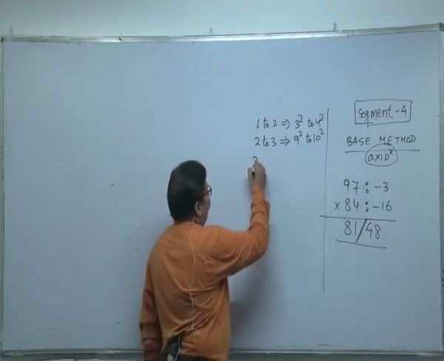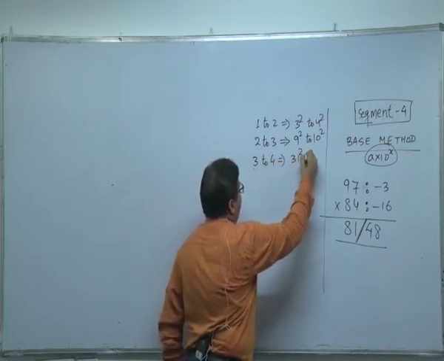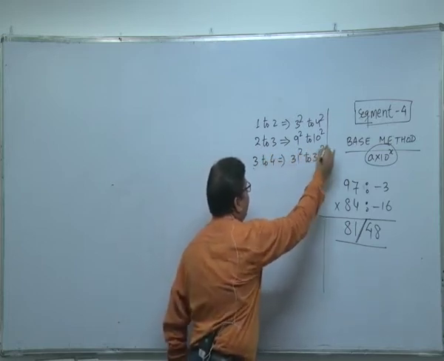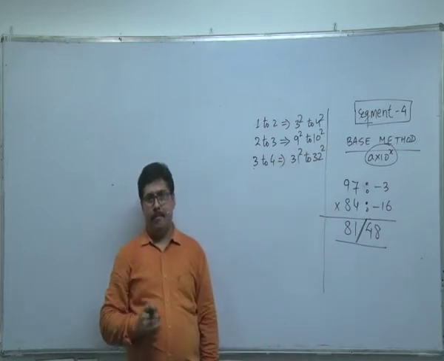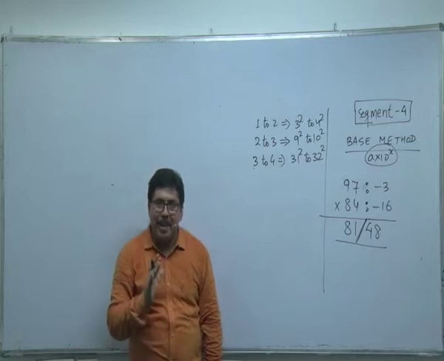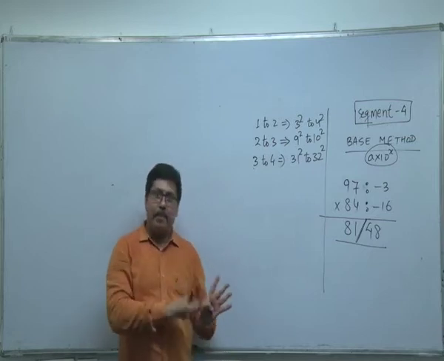Now 3 to 4. Can I say 31 square to 32 square? 31 square is the greatest 3-digit perfect square number, and 32 square is the smallest 4-digit perfect square number.